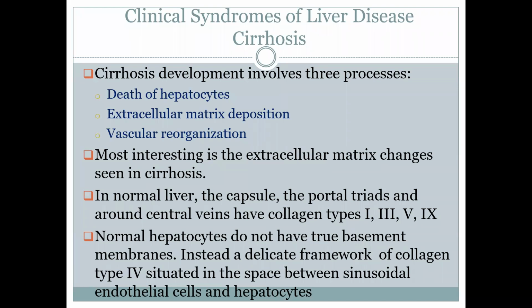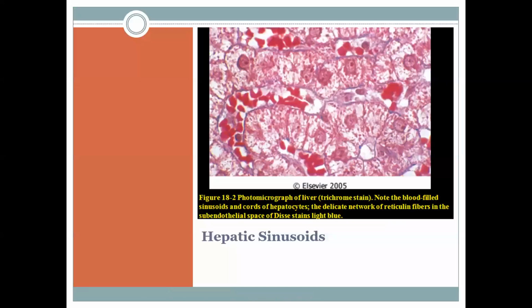It is going to switch from type 4 collagen, which is a very fine type of collagen, to type 1 and 3 collagen. All right, and this type 1 and 3 is a pretty sturdy kind of collagen. So this is the thick type of collagen that is going to take over in liver cirrhosis, and before that in liver fibrosis.